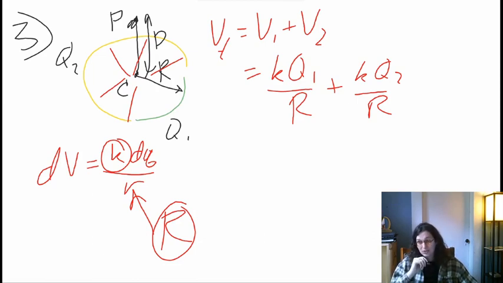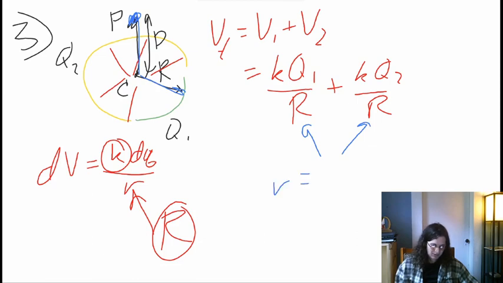They ask you to find the potential at point P, which is now at some height above the circle. So in this case, we know the radius of the circle, we know the height d, and so we just need to replace both of these r's with the Pythagorean square root of d squared plus big R squared.